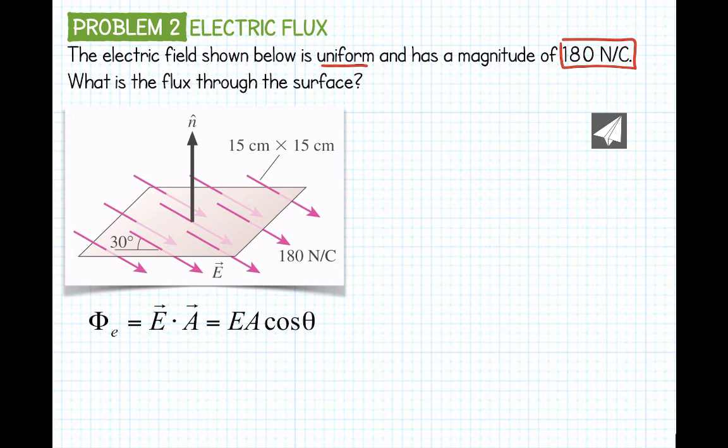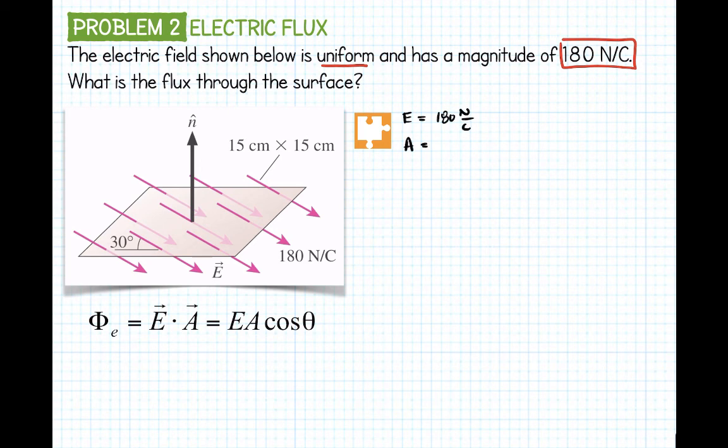We're given the flux equation again, so we need to find the electric field, the area, which is pretty much given to us, and then mostly in this problem we're trying to deal with the angle. Remember, the electric field is given, it's E, and this is just the magnitude of it, 180 newtons per coulomb.